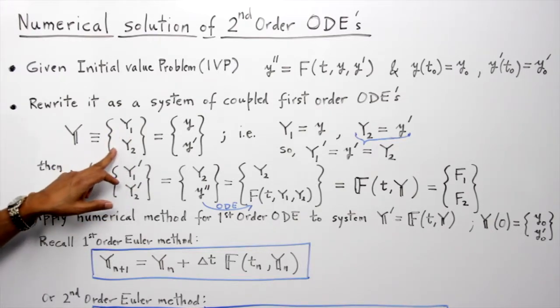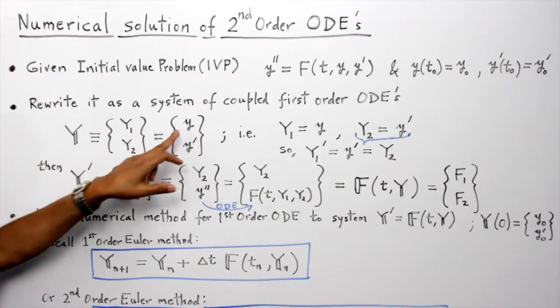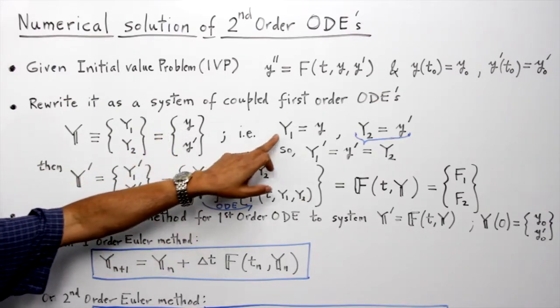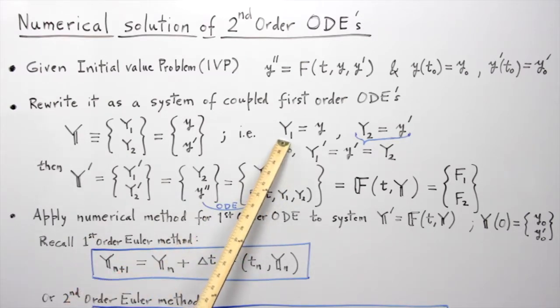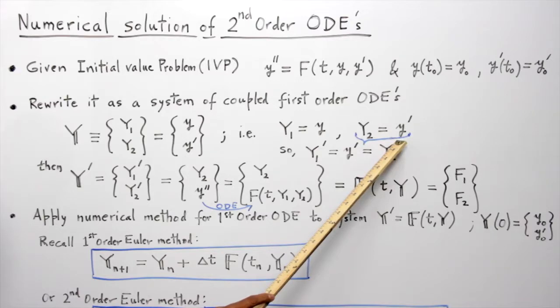And so we need to define what capital Y1 and capital Y2 are. They are simply y itself. Y1 is equal to y, and Y2 is the derivative of y. So those are the equations that we have written over here. Capital Y1 is equal to little y, and capital Y2 is the time derivative of y.